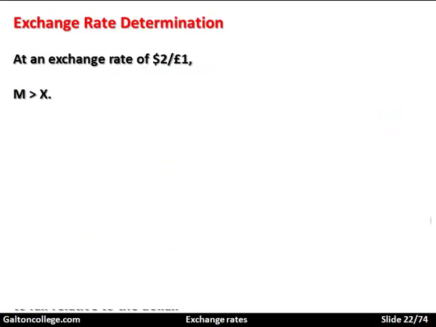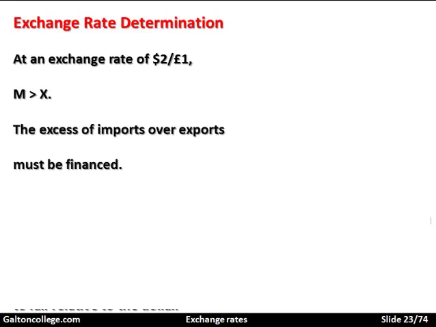At an exchange rate of $2 to the pound, imports are greater than exports. An excess of imports over exports must be financed. We have more imports than exports, so they have to be paid for. The difference between what we generate from exports versus what we pay for imports must be paid for.